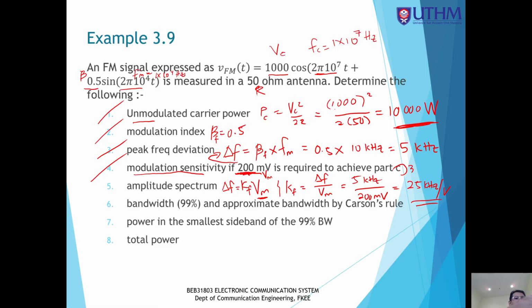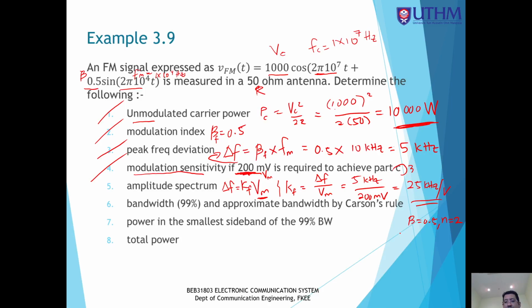So for beta equal to 0.5, the number of significant sidebands is equal to 2.